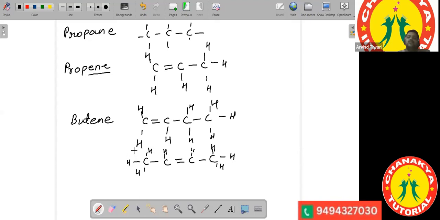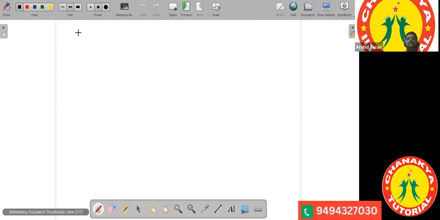Okay. So these two, they are the isomers. We call them isomers. Isomers are the compounds which have same chemical formula but different structural formula. So what are isomers?